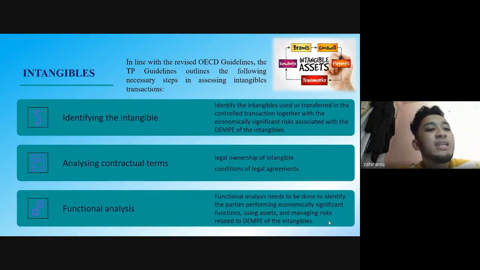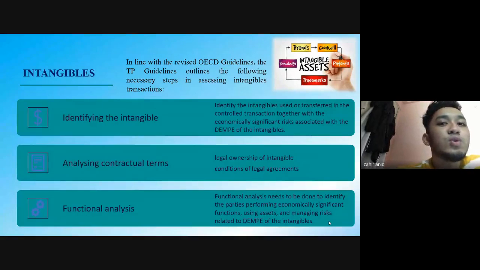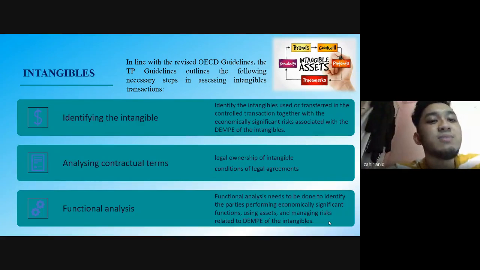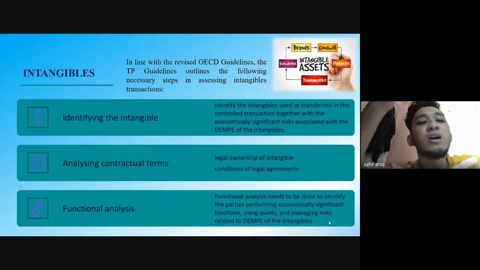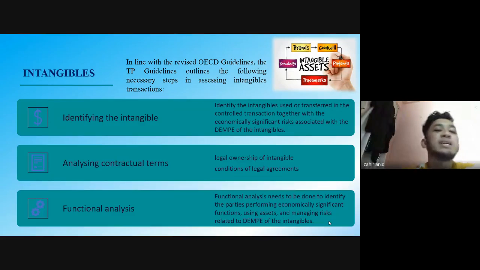The next one is to analyze the contractual terms. They need to analyze the contractual agreement of the transfer pricing for the intangible, which covers the legal ownership of the intangible and the conditions of the legal agreement between the seller and the buyer.